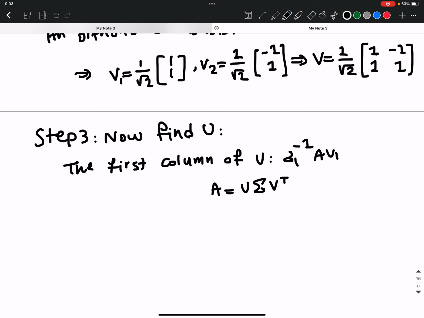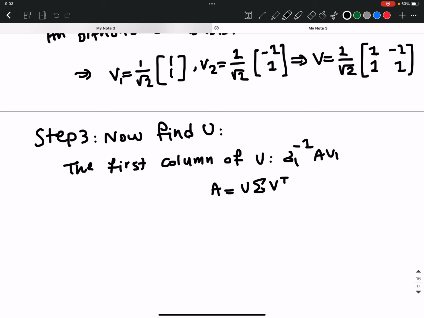If you go back to the definition of orthogonality, you can see that the transpose equals V to the minus 1. Okay, so that's the definition of an orthogonal matrix.